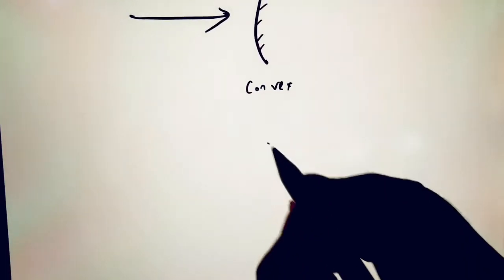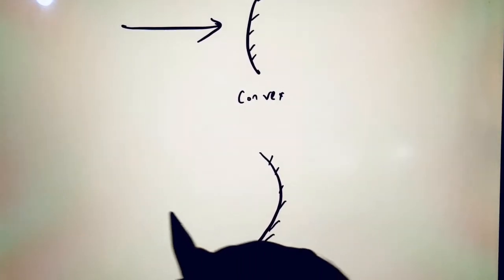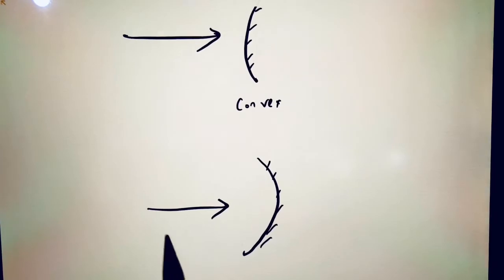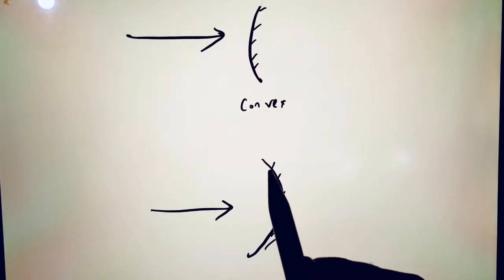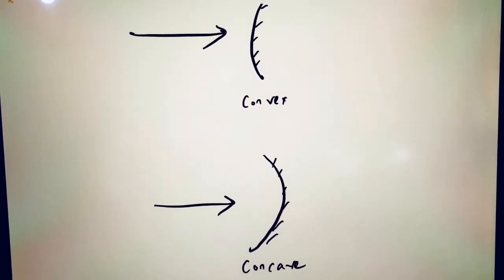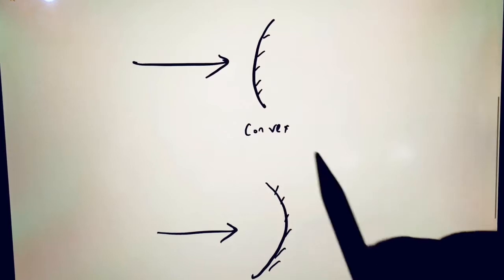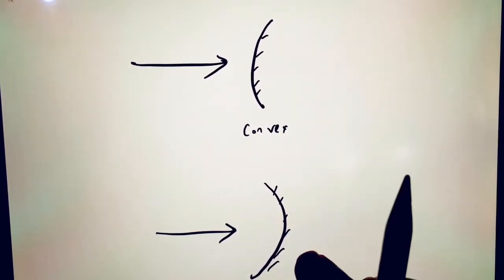Another mirror could be like this, where this is the reflecting surface. The light will strike the mirror where its surface is caving in. So this is a concave mirror. As you will learn later, this kind of mirror is a diverging mirror, and this is a converging mirror.